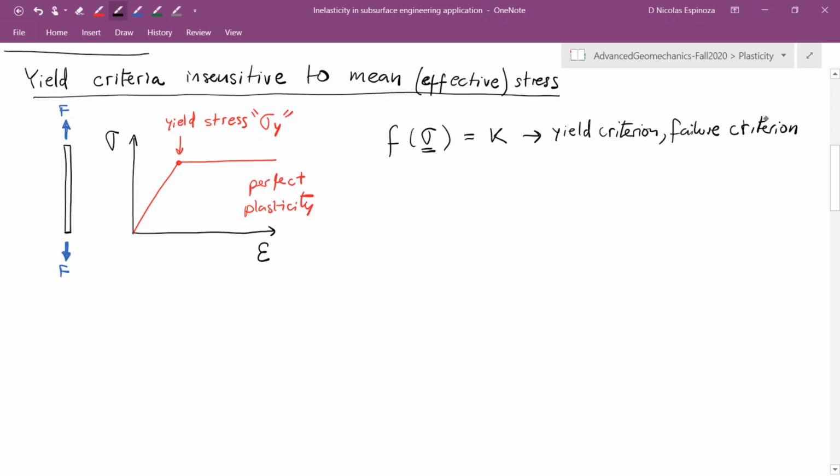Okay, so what is a state of stress composed of? In order to fully define the state of stress, we need to know the principal stresses, and not only that, we also need to know what is the direction of those stresses. And particularly, we need to know the direction of the principal stresses with respect to the geometry of the material.